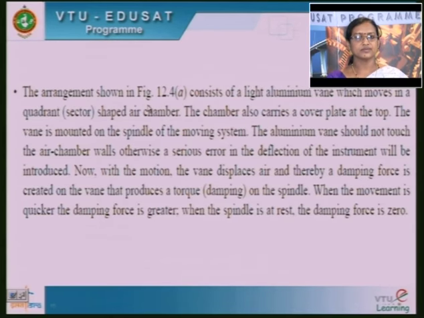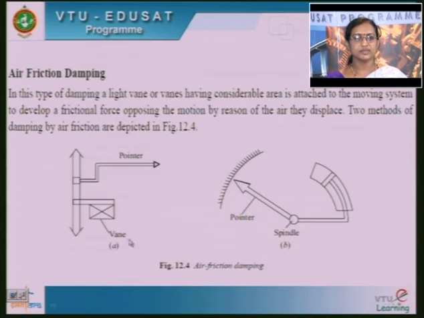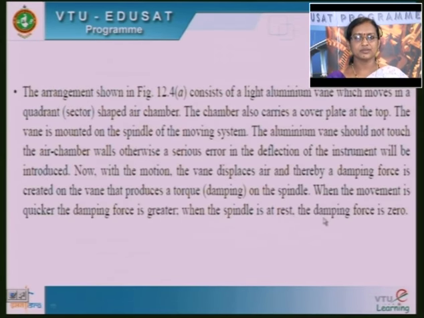In the first way, you are using aluminum as the material for the light aluminum vane, which moves in a quadrant shaped air chamber. The chamber also carries a cover plate at the top.